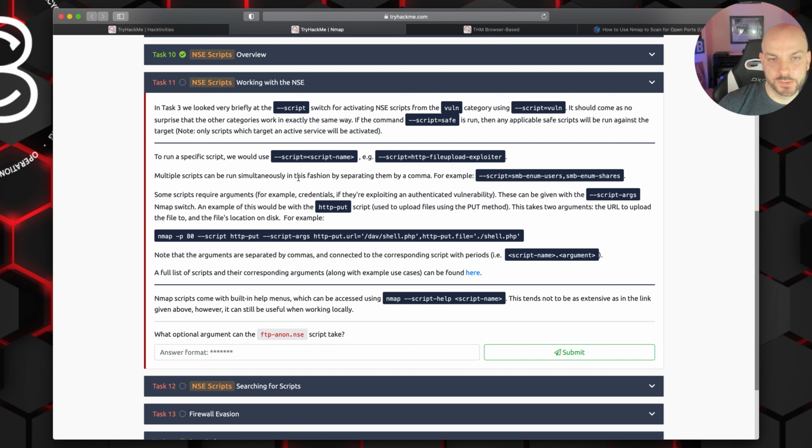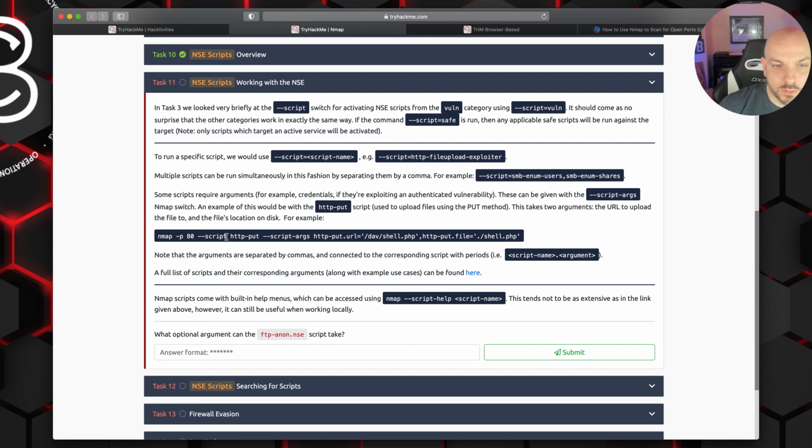Multiple scripts can be run simultaneously in this fashion by separating them with a comma. Okay. That's cool. Some scripts require arguments. These can be given with --script-args. Okay. And they're giving us an example here of what this looks like.